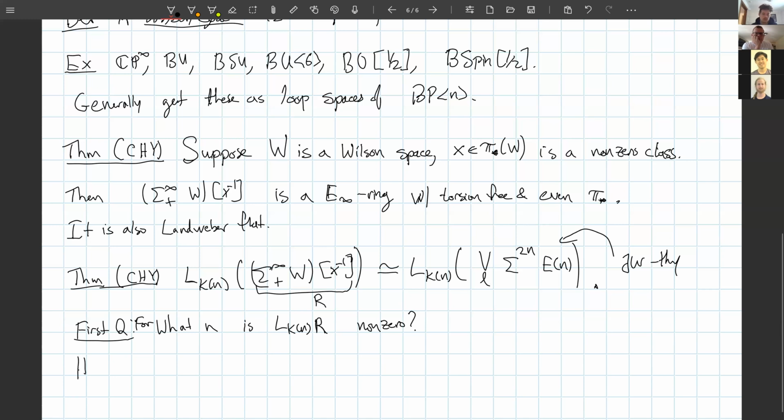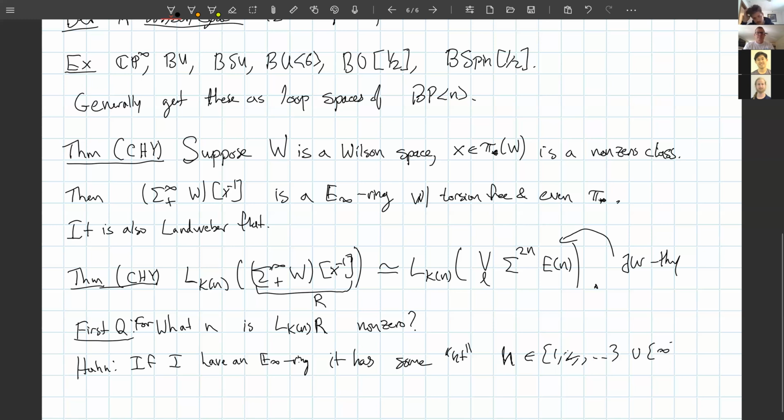So Jeremy says that if I have an E infinity ring, it has some height H, which is a natural number or infinity, such that if n is less than or equal to H, the K(n)-localization of R is non-zero, and if n is greater than H, then the K(n)-localization of R equals 0. So in those words, what is the height?